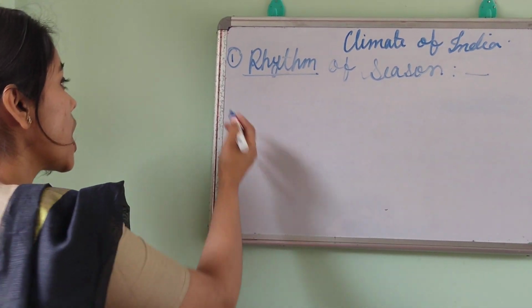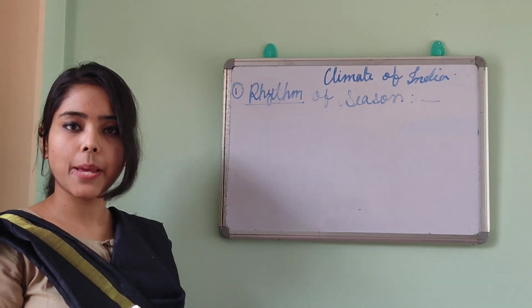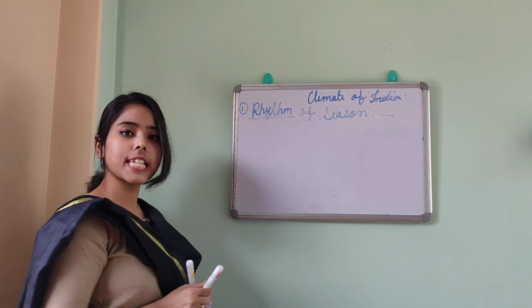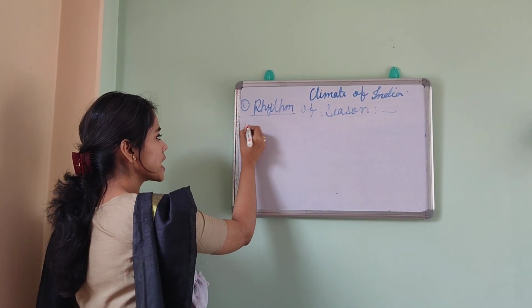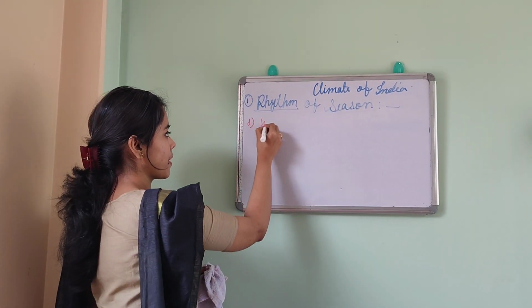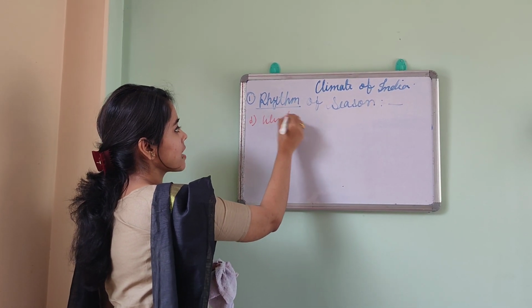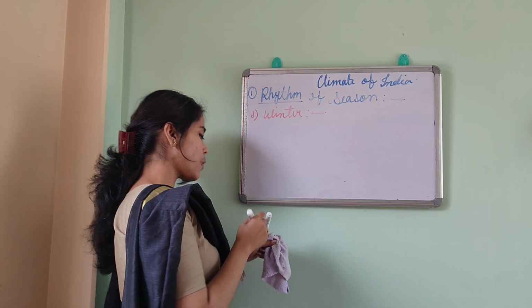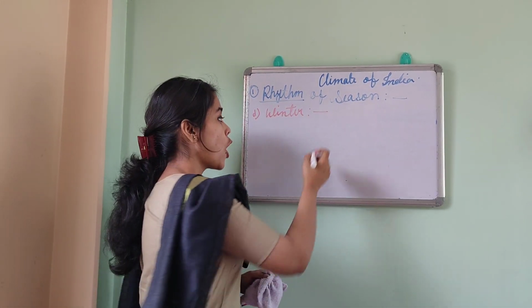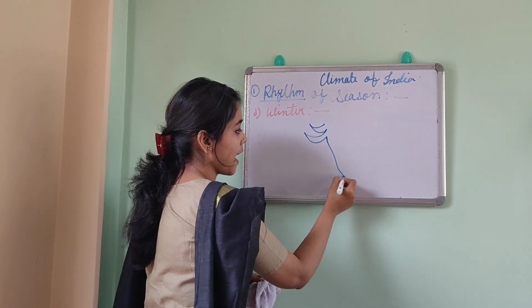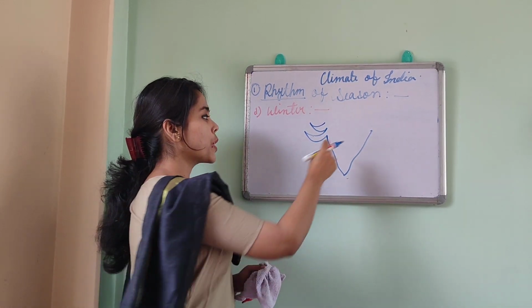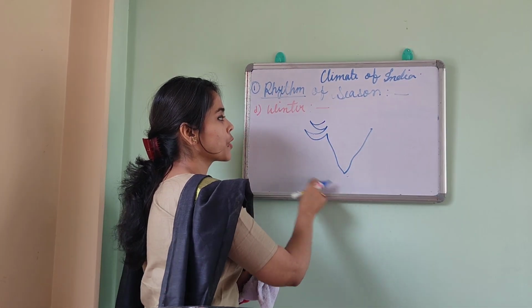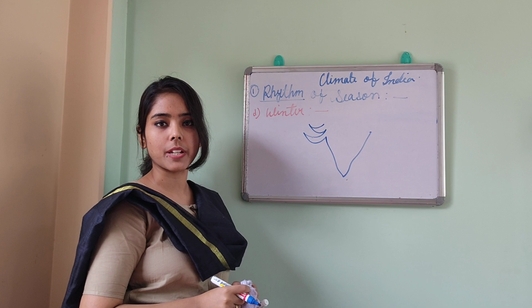From 22nd of September, the sun starts moving towards the southern hemisphere. So when the sun starts moving towards the southern hemisphere, then what will happen? We, as Indians, are living in the northern hemisphere.